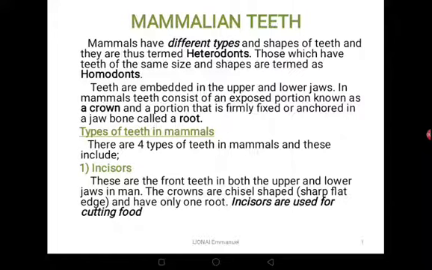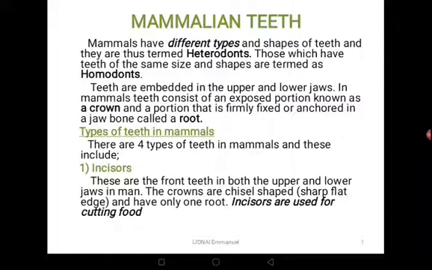So we know at least from our primary knowledge that all mammals have different types of teeth and shapes, and therefore they are called heterodonts. Organisms that have different types of teeth are called heterodonts.